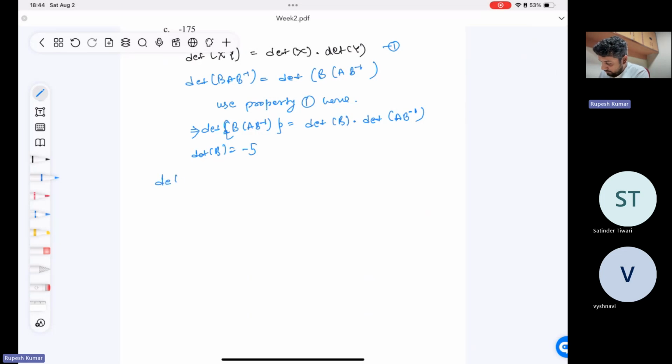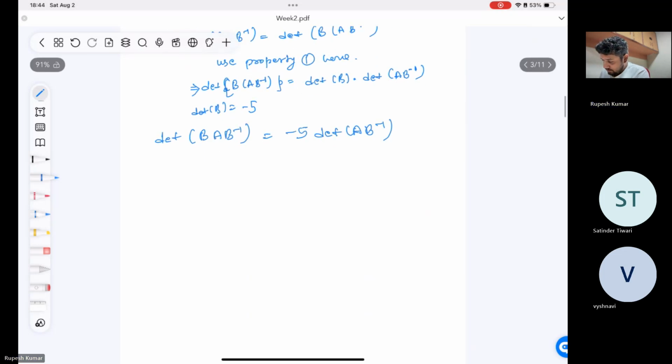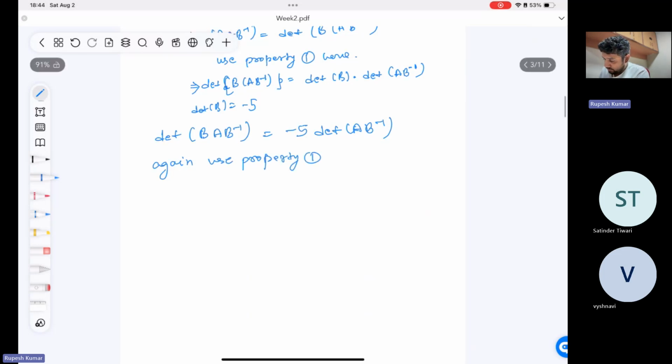So we get determinant of BAB inverse equals -5 into determinant of AB inverse, right? Now again use the property in equation 1 to solve this. So determinant of AB inverse is essentially determinant of A into determinant of B inverse, right?